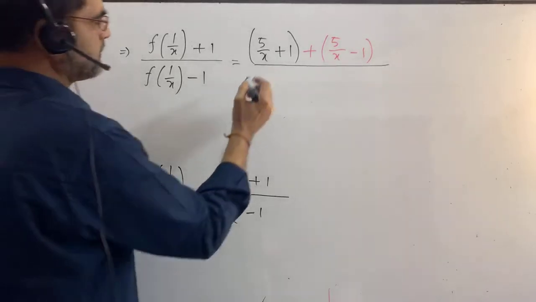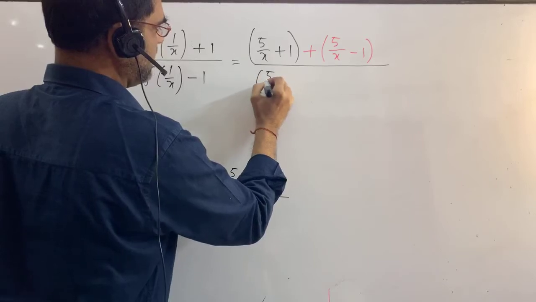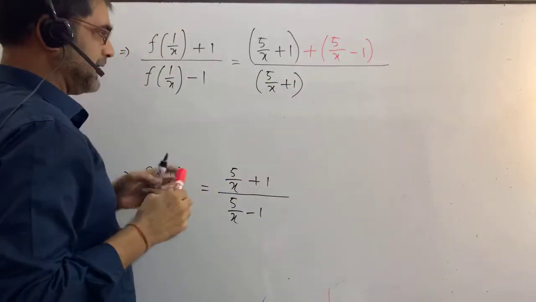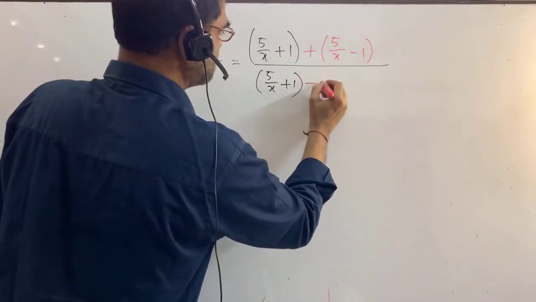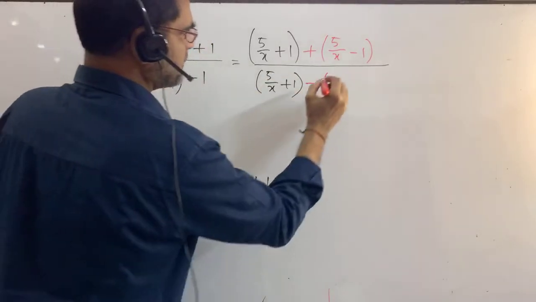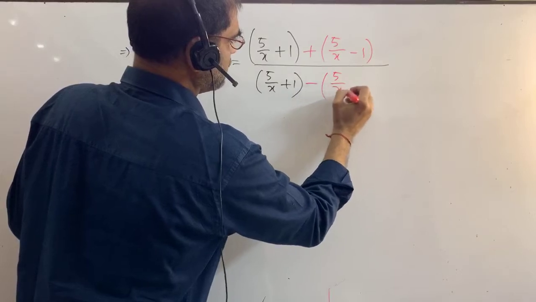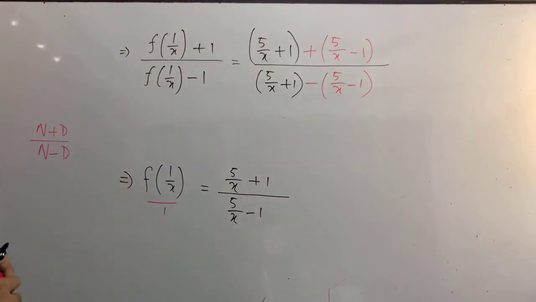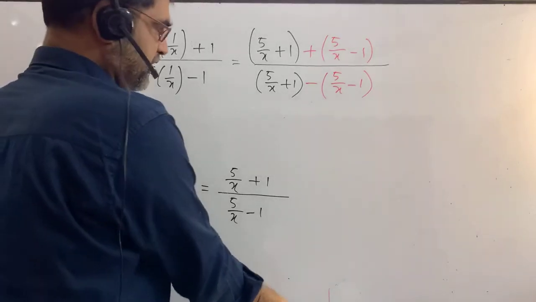You write down numerator, that is 5 by x plus 1, minus denominator. What is the denominator? 5 by x minus 1, okay. What is the operation here?